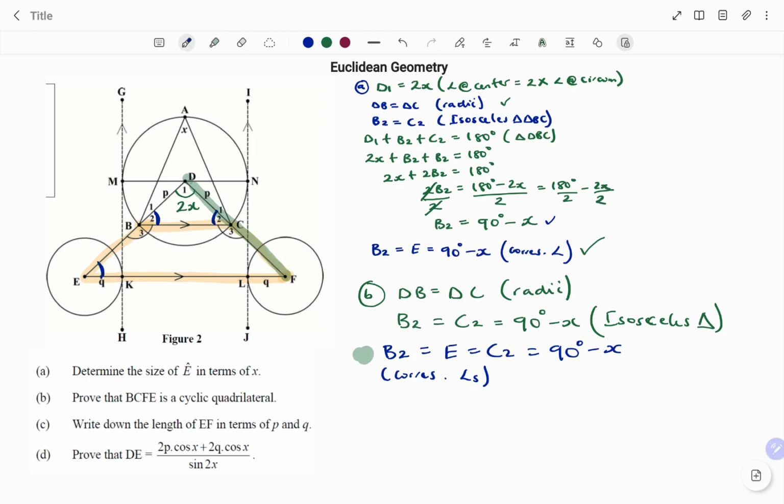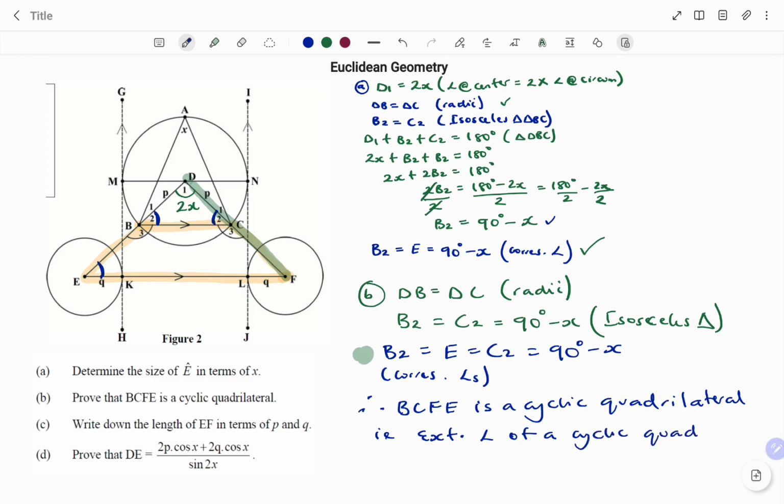So therefore, BCFE is a cyclic quadrilateral, and the reason is the external angle of a cyclic quadrilateral is equal to the opposite interior angle. So therefore, we've been able to show that.